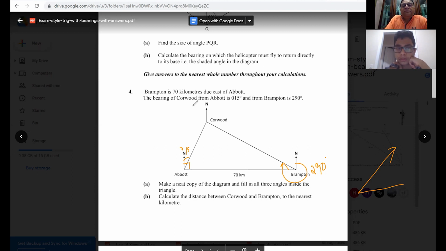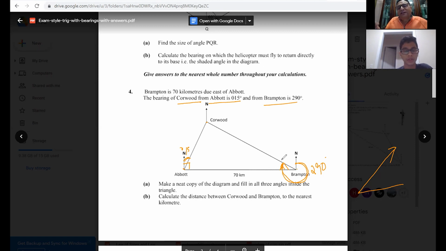Now, when we say the bearing of Corwood from Abbott, from this point, the bearing of that point is 15 degrees. So from north, you measure the angle. And the bearing of Corwood from Brampton: from Brampton, you have to measure from the north, right? And the path is this. Get the idea?